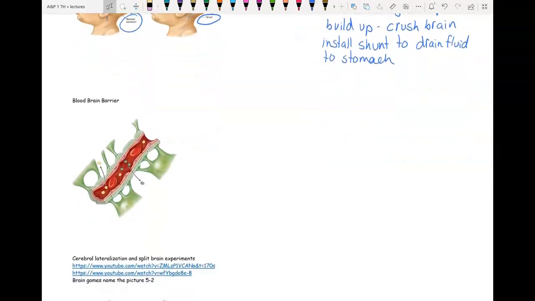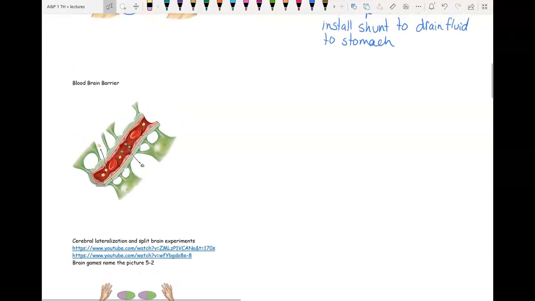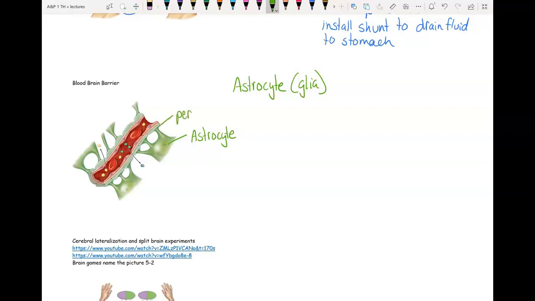Then another thing protecting the brain is the blood-brain barrier. This involves another glial cell called the astrocyte. So here is an astrocyte. And the astrocyte has these extensions called perivascular feet.